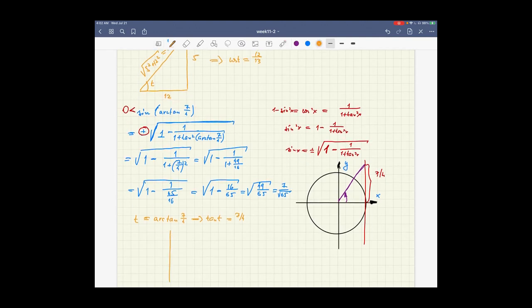So we're dealing with the right angle in which the leg opposite to angle t is 7, the adjacent leg is 4, then the hypotenuse is root 7 squared plus 4 squared. That's 49 plus 16, 65. And so sine t is simply 7, the opposite leg, over hypotenuse. 7 over root 65.